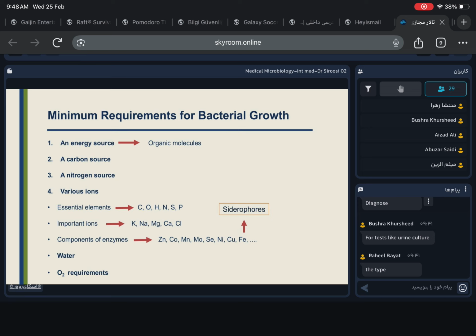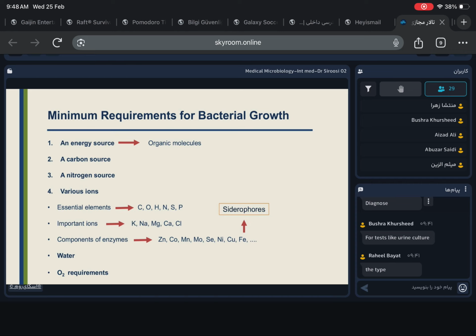And also there are some components which are needed for the activity of the bacterial enzymes. We have some elements here. We have zinc, we have cobalt, we have manganese, we have, for example, copper, and also we have iron here.